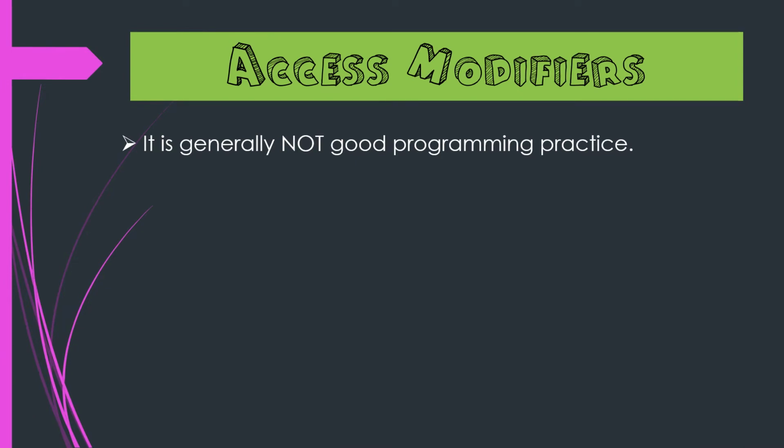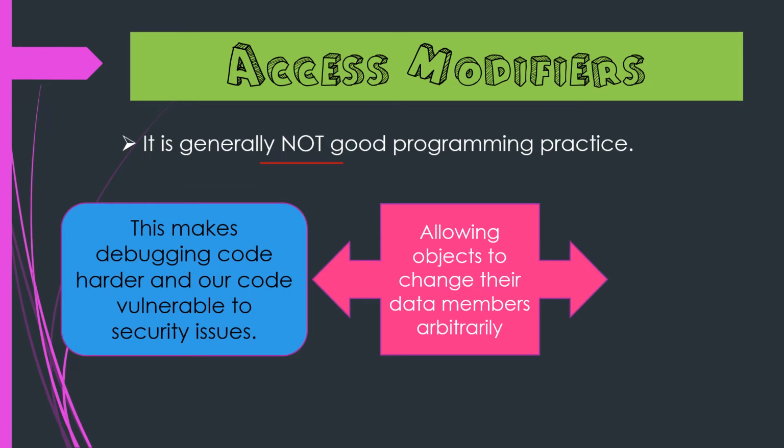But it is generally not good programming practice. Why? Because if we allow objects to change their data members arbitrarily, it will have two effects. First of all, it will make debugging harder, and there will also be security issues with the code.